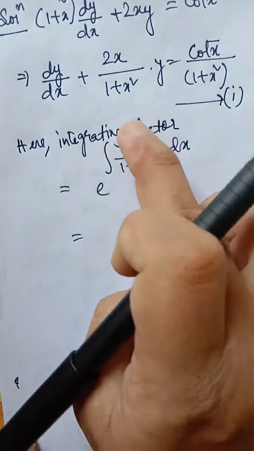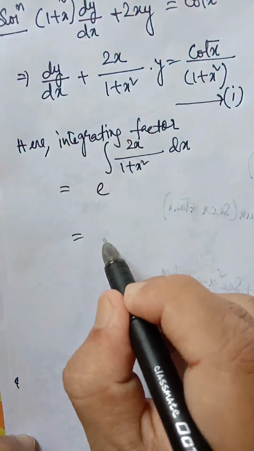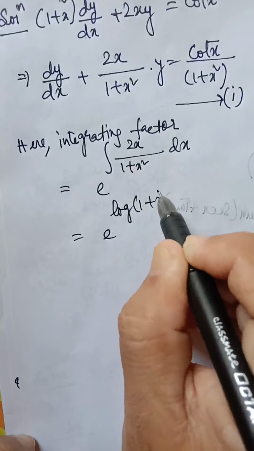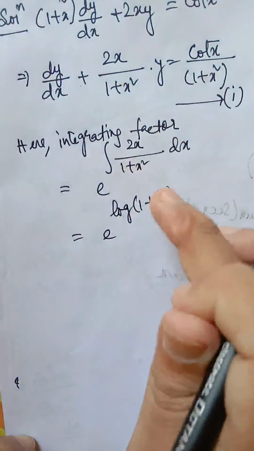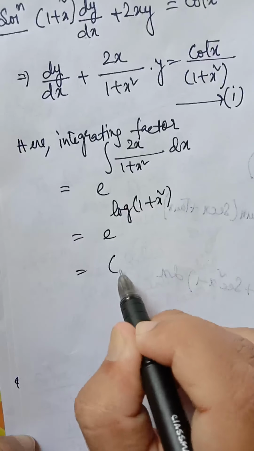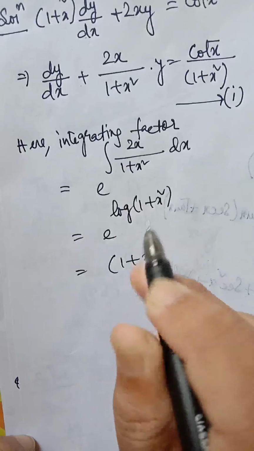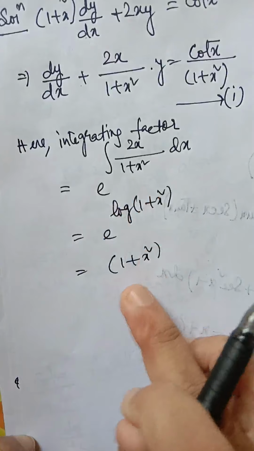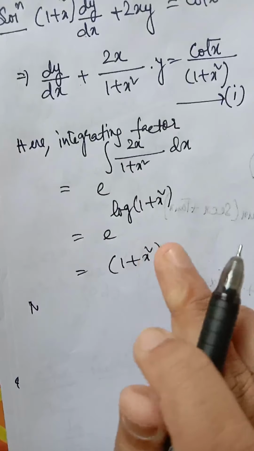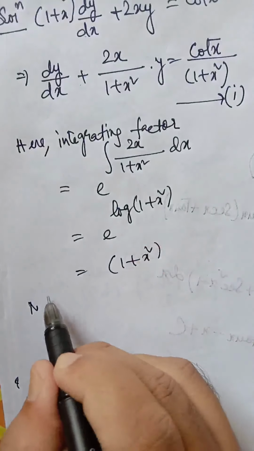So this is of the form f dash x by f x. This integration will be log of f x. E to the power log (1 plus x square) is 1 plus x square. E to the power log x is x. So our integrating factor is 1 plus x square.